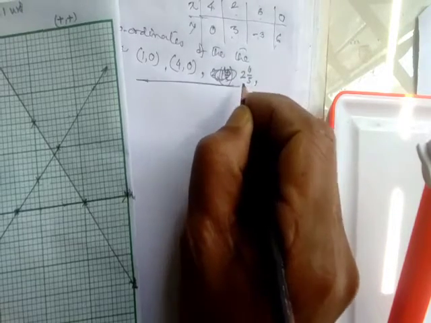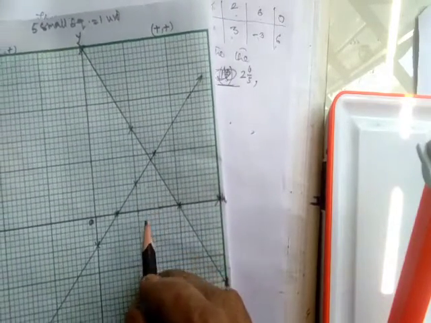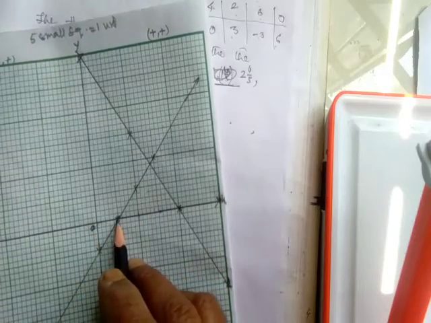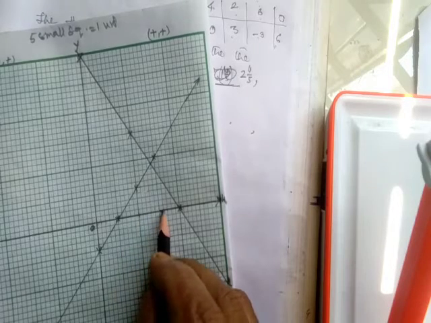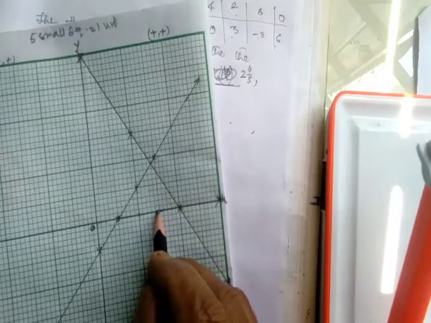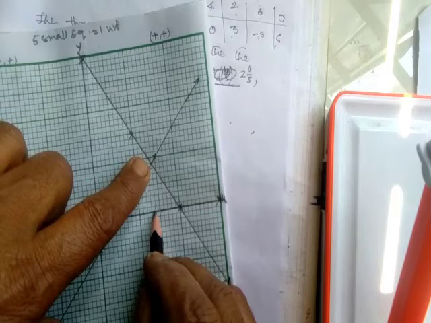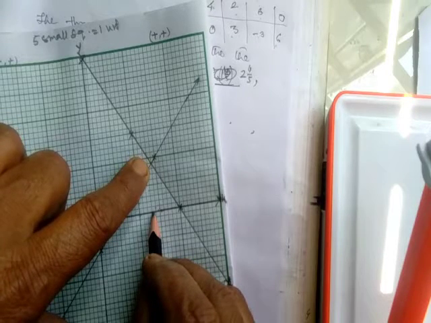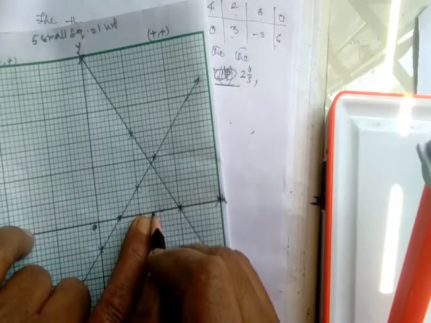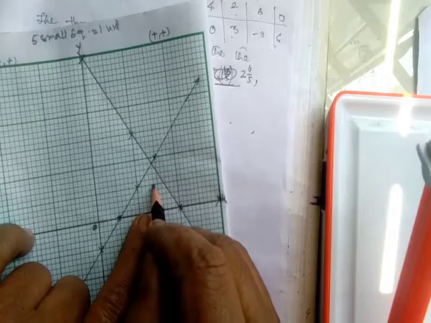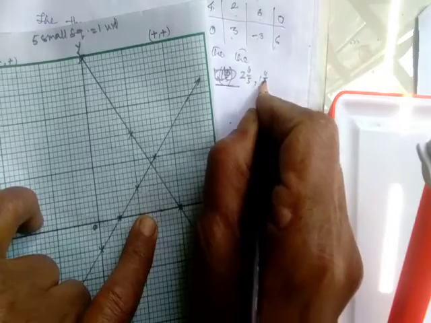Sorry, x is, this is 0, 1, this is 2, after 2 this is 3, but the point, this point is coming here, so one small square is left, so this x is 2 4 by 5, and y is 1 4 by 5.